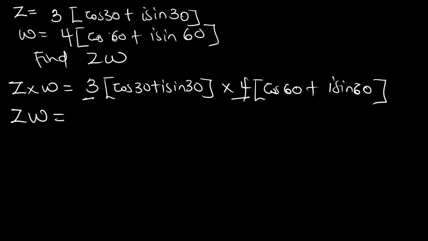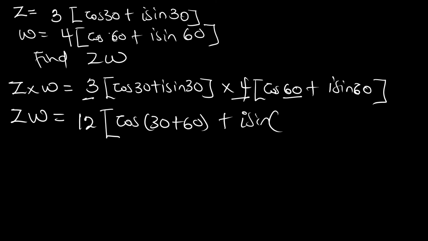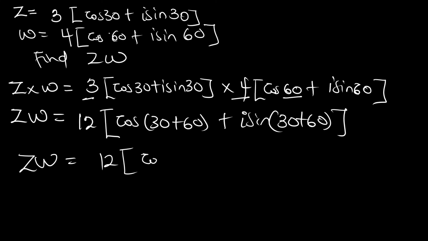So 3 times 4 will give us 12. Then we add the arguments. So I'm going to have cos (30 plus 60) plus i sin (30 plus 60). So z omega is going to give us 12 (cos 90 plus i sin 90).